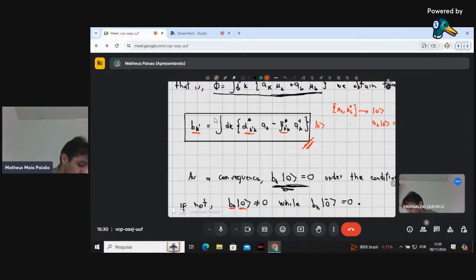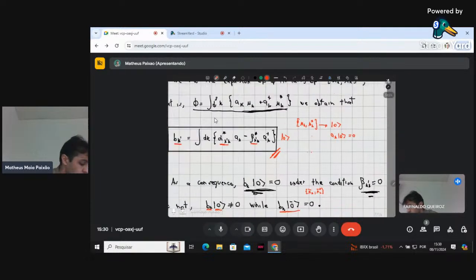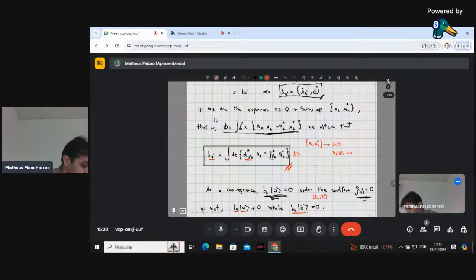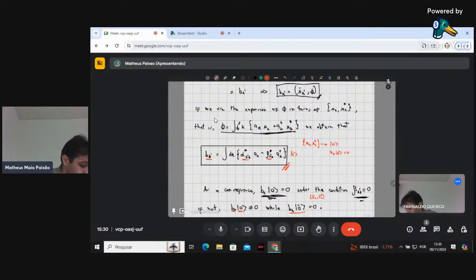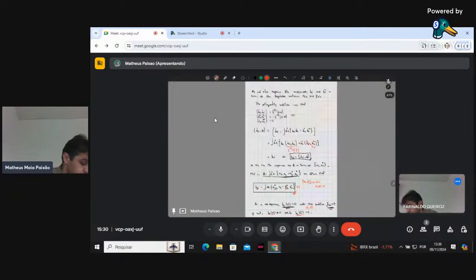But it annihilates the vacuum of the bar basis. That's the vacuum of this basis, because this is the definition of the vacuum on this basis. So in general, we need to have a Bogoliubov coefficient equal to 0 in order to have both vacuums be equivalent.